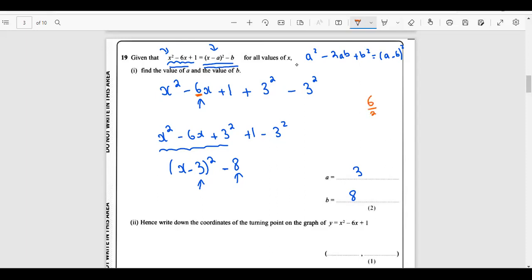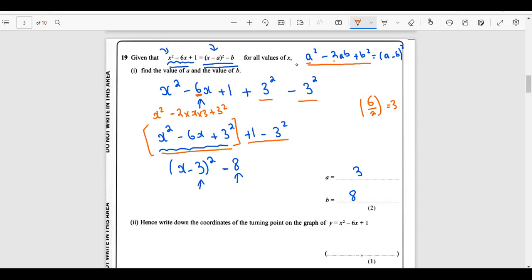I'll divide it by 2, and this would give me 3. I will add 3 squared and I will subtract 3 squared just so it is balanced. Now, when I have added 3 squared, I've written 1 and minus 3 squared separately. What do you see over here? Don't you think it is x squared minus 2 multiplied by x multiplied by 3 plus 3 squared? Isn't it something of this type?